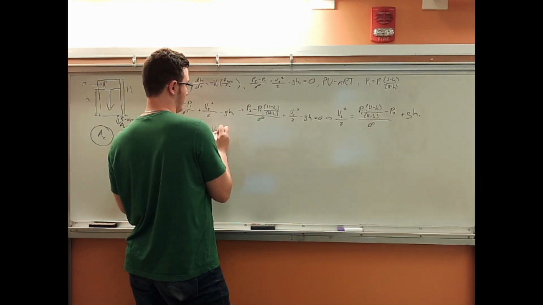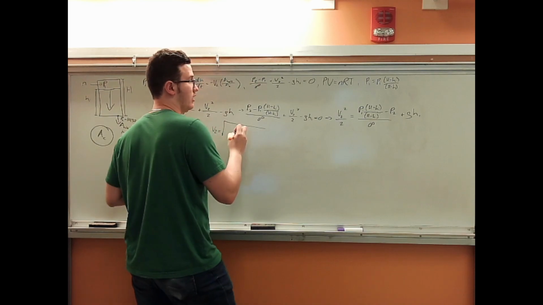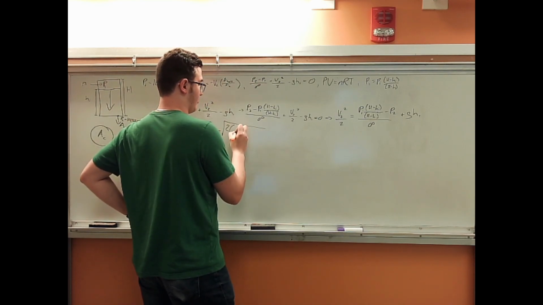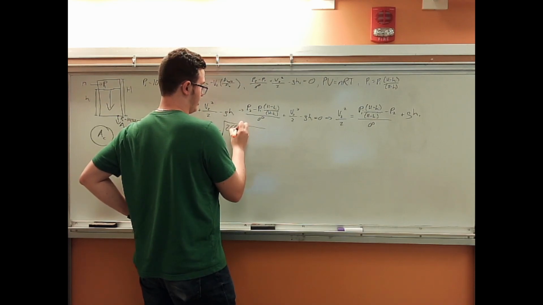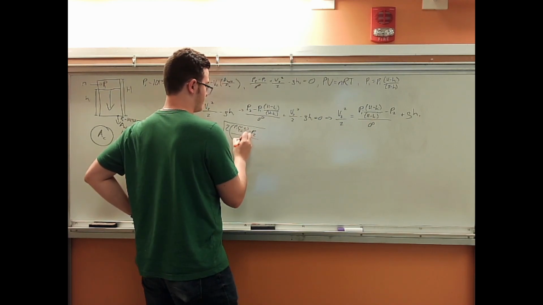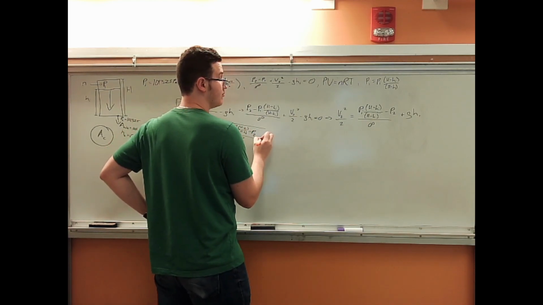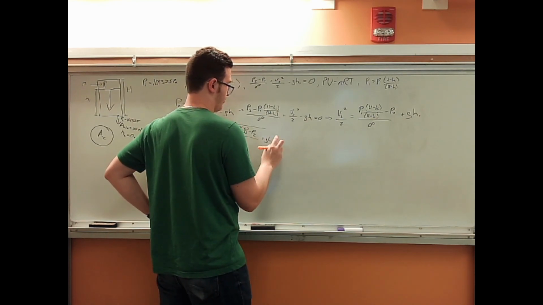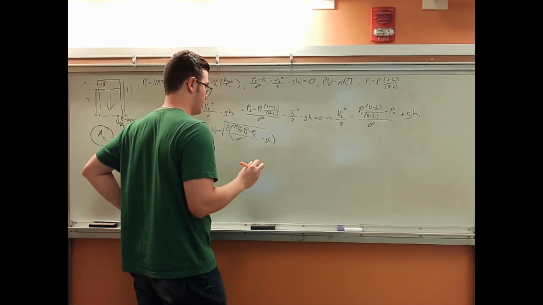So V2 equals the square root of 2 multiplied by everything: Pi times initial height difference divided by changing height difference minus pressure at second state, plus the gravitational constant times the height.